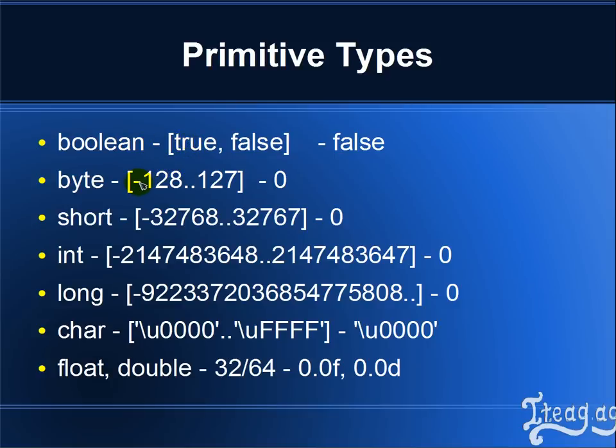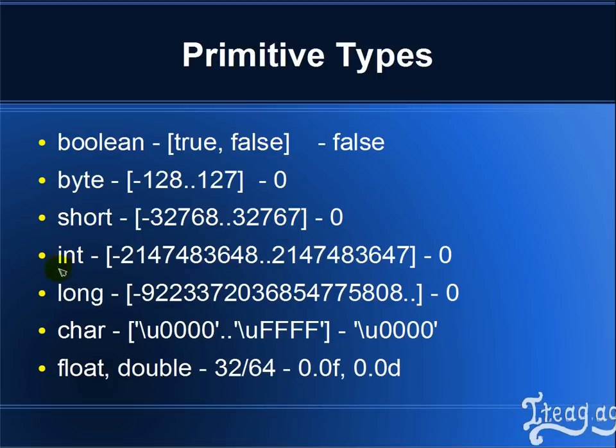So we've got -128. That's the lowest you can go, to 127. That's the highest you can go. It'll default to 0. Then the next size up is a short. It's negative this to positive that. Defaults to 0. Int.